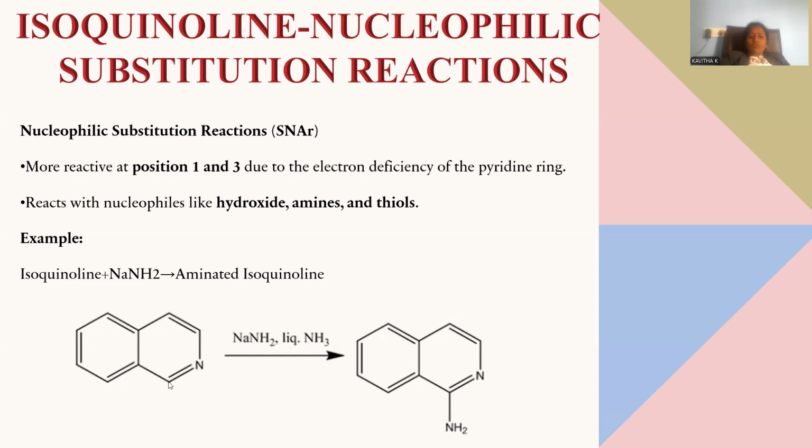That's the reason why it is more susceptible to nucleophilic substitution. Sodamide dissolved in liquid ammonia gives rise to a nucleophile, NH2 minus, that is more prone to attach at position number 1, being electron deficient in nature because of the electronegative nitrogen in the very adjacent position. So that 1-aminoisoquinoline will be the expected product by this nucleophilic Chichibabin substitution reaction.